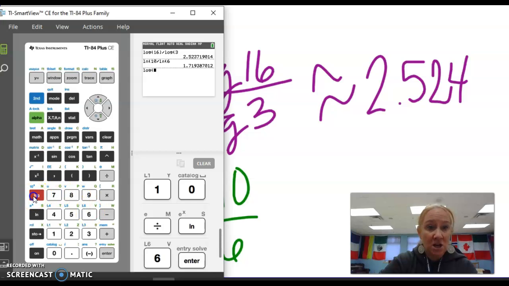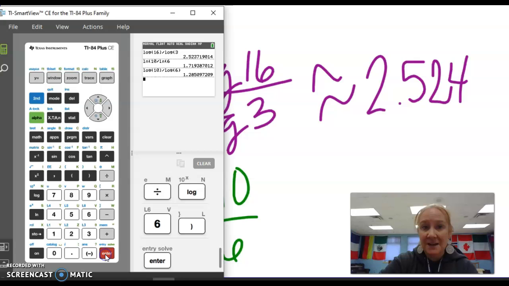Okay, so now let's try log of 10. I really should, just for integrity's sake. Close those parentheses. Does it come out to be the same? It doesn't. Okay, so then what was my mistake? I'm almost positive that it was a parentheses issue.